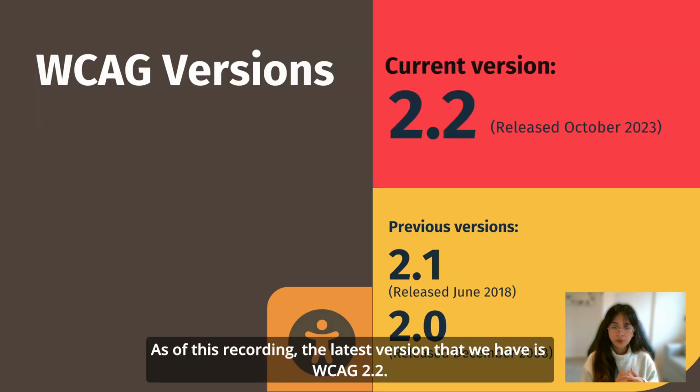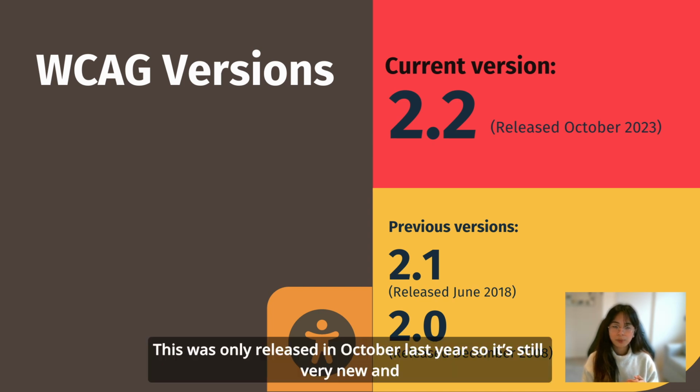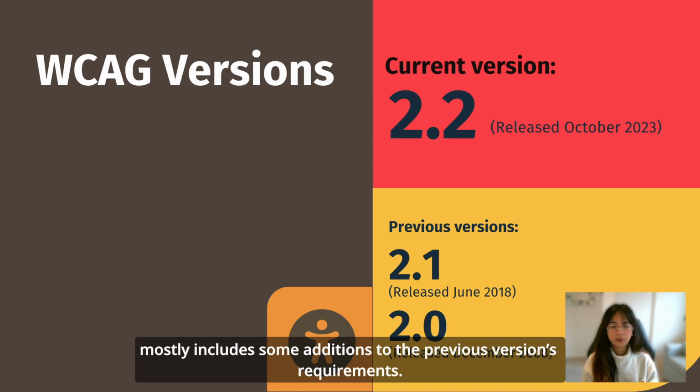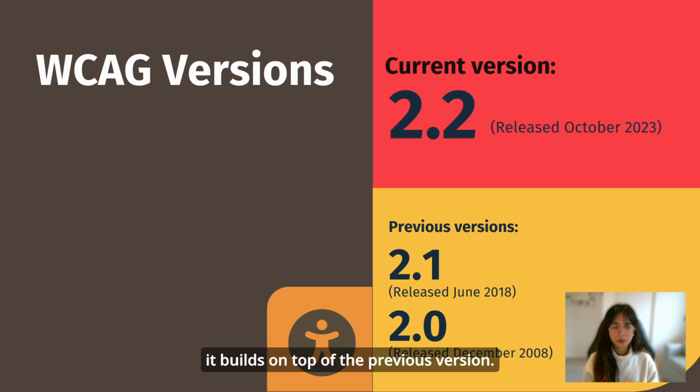As of this recording, the latest version that we have is WCAG 2.2. This was only released in October last year, so it's still very new and mostly includes some additions to the previous version's requirements. Basically how it works is when a new version comes out, it builds on top of the previous version.